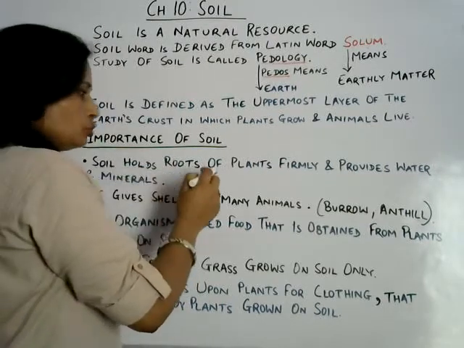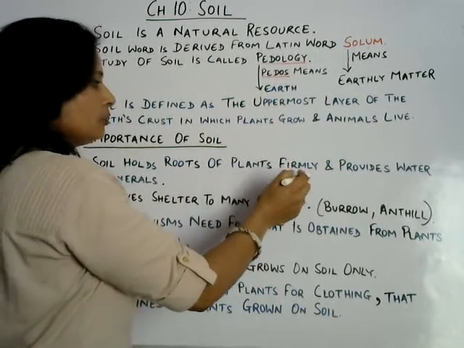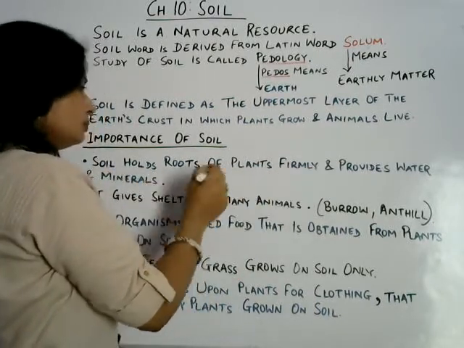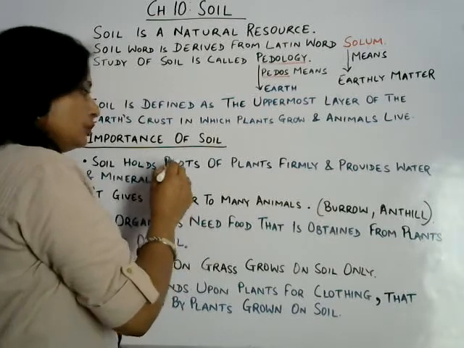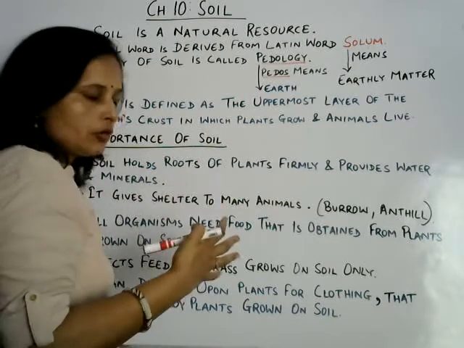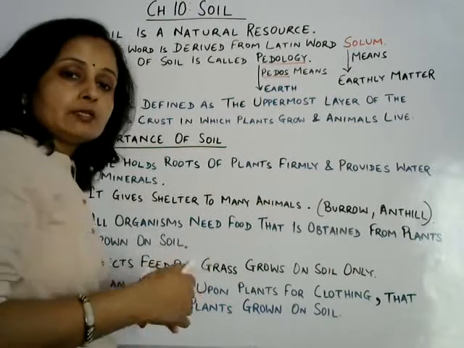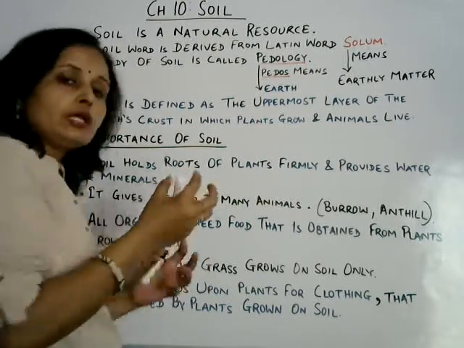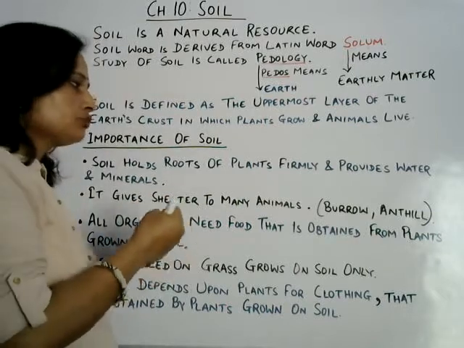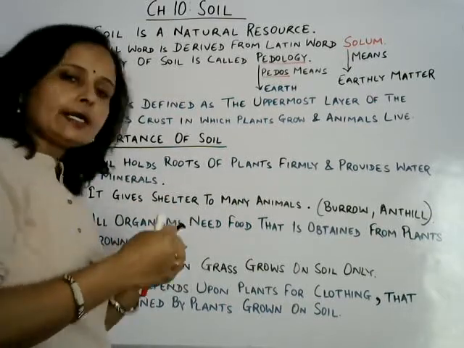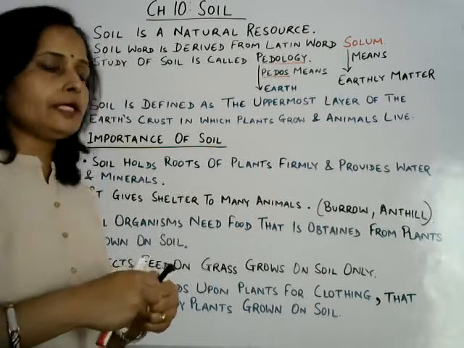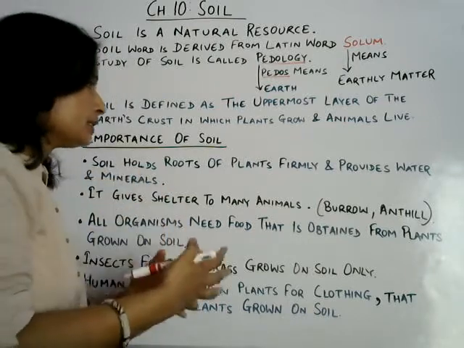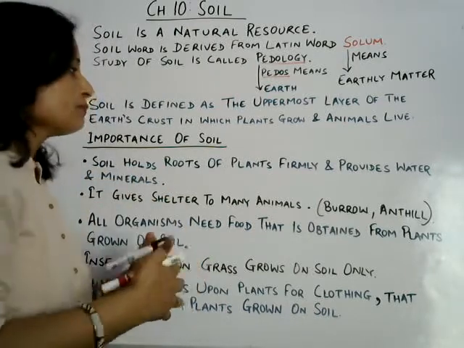Soil holds the roots of plants firmly and provides water and minerals. We know that plants can grow on soil only. What is the reason? Because soil holds the roots of the plant firmly, tightly, and at the same time soil provides lots of water, minerals, nutrients to the plants.